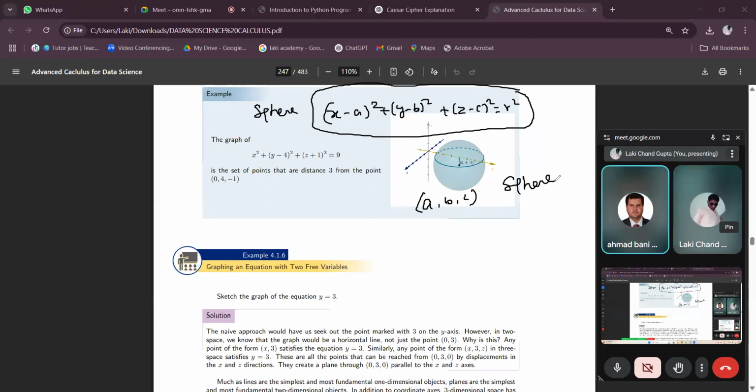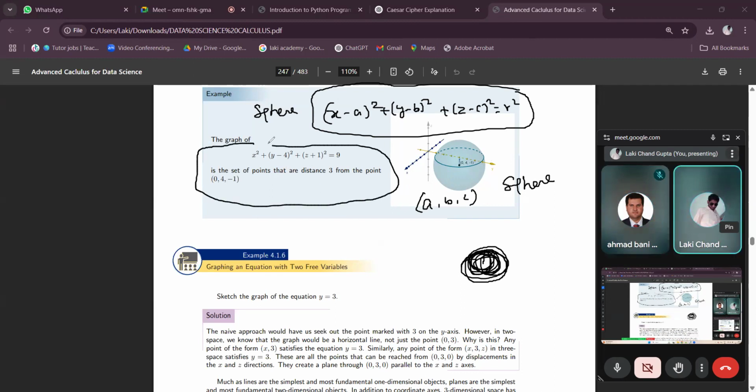This is a circle, right? But when you draw a height and draw over it, you will get a sphere. So suppose this is a graph. Can you tell me the center of the sphere?